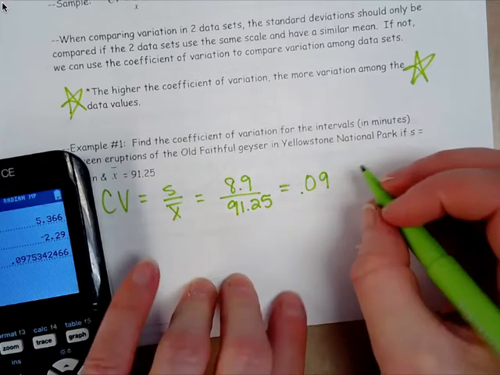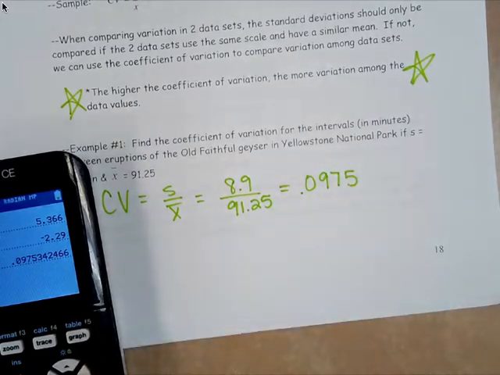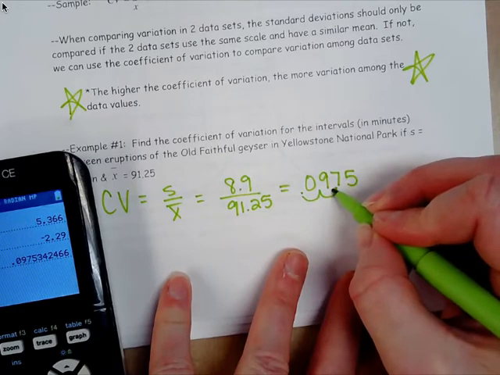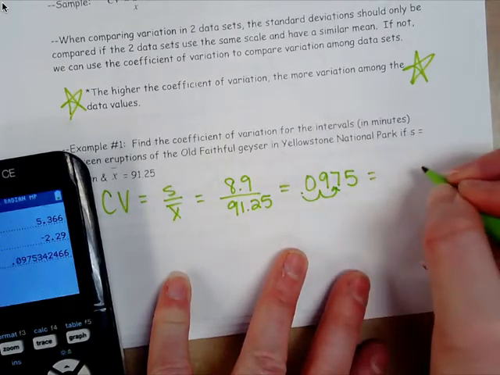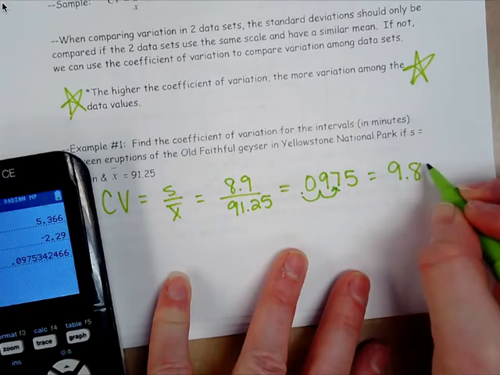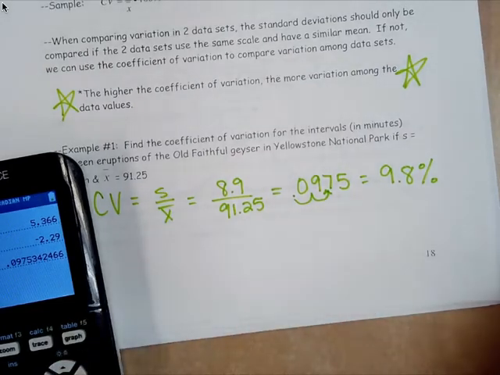We're going to go 3 places behind the decimal, or maybe 2, because it's going to be moved into a percent. So that actually comes out to 9.8%. So the coefficient of variation is 9.8%. That seems low, right? It's not close to 100, so that's good.